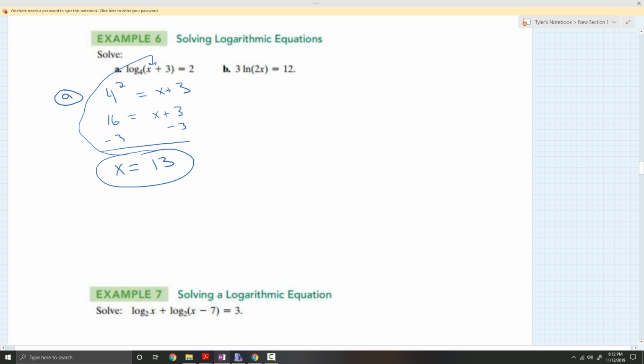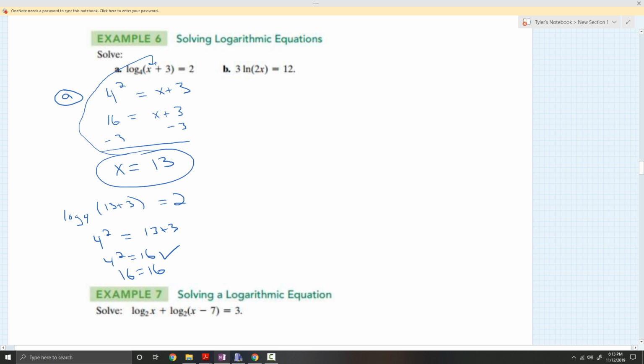So in other words, if we take log base 4 of 13 plus 3, we hope to get 2 back. Well, that means that 4 squared equals 13 plus 3, which is true. This would be 4 squared equals 16, which is true. So it works out. We would get 16 equals 16.